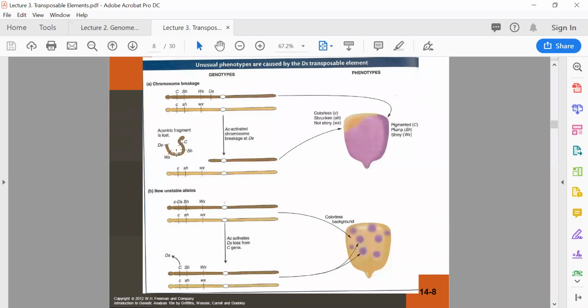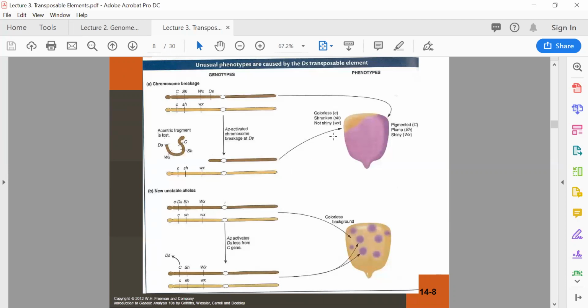In other words, these wild type dominant alleles have been lost because this whole fragment from the chromosome has been lost. Now we have an expression of the recessive alleles. An expression of these recessive alleles results in a colourless, shrunken, and not shiny sector in the corn kernel.